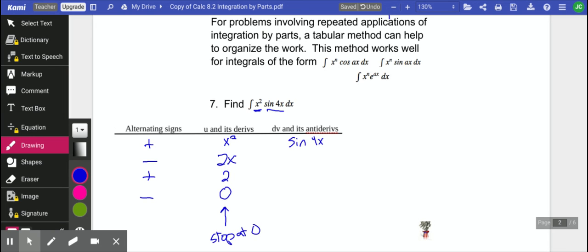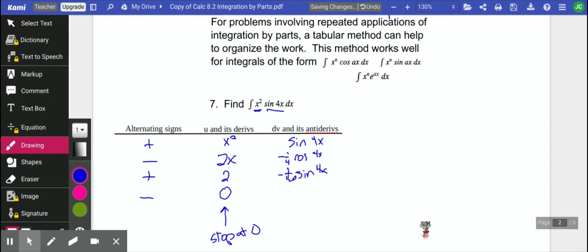And we need to take the antiderivative of all of these. The antiderivative of sine 4x is going to be negative cosine 4x, but with the chain rule we have to do a 1/4 with that. Then we take the antiderivative of that, which is going to be negative sine 4x, but we need to account for another 1/4, so it'll be 1/16.